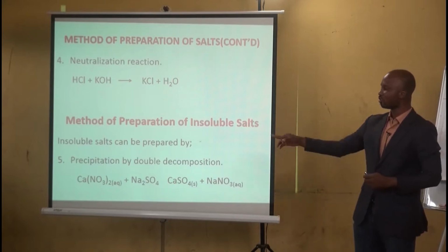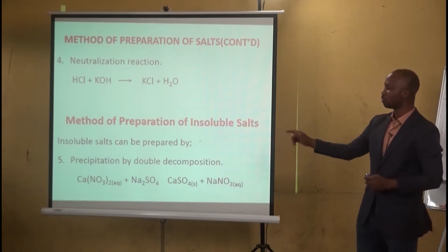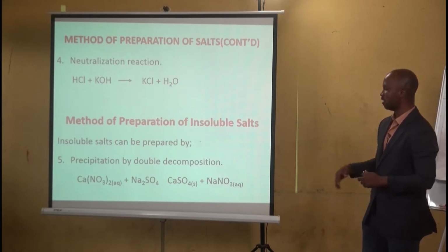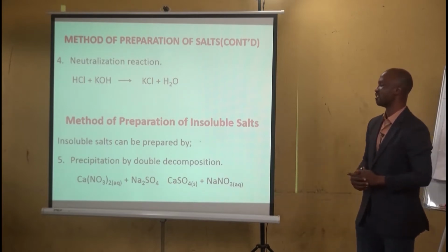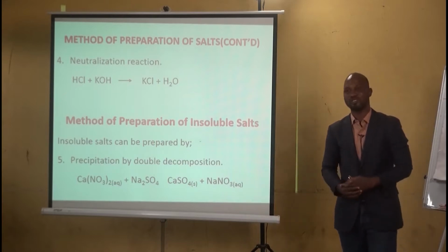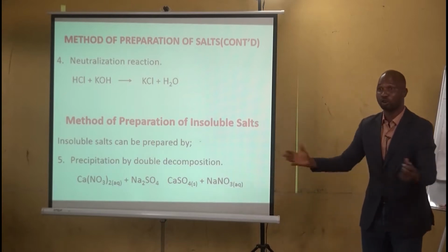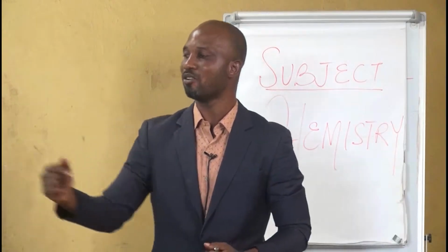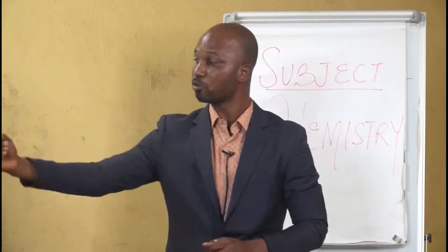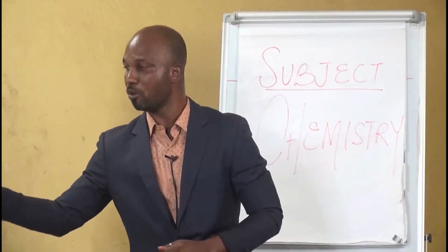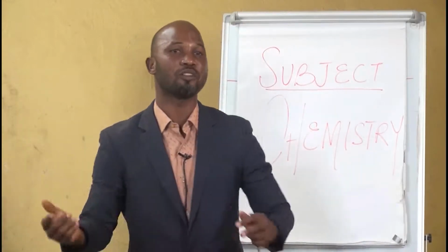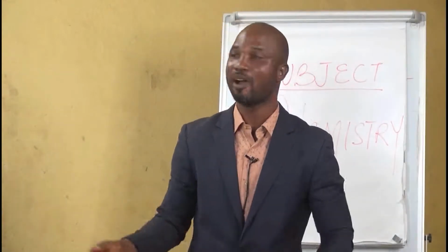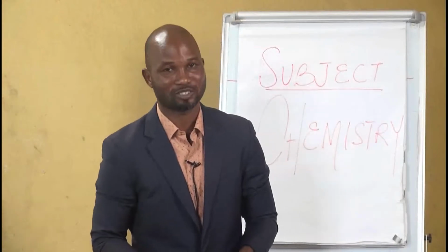Calcium trioxonitrate 5 plus sodium tetraoxosulfate 6 gives you calcium tetraoxosulfate 6 plus sodium trioxonitrate 5. What happens in this equation is that each of the reagents will decompose, and of course they will exchange their anion. You can see that the anion of calcium trioxonitrate 5 goes to sodium, and the anion of sodium goes to calcium, and that is what we refer to as double decomposition. And these precipitates are formed as insoluble salts.